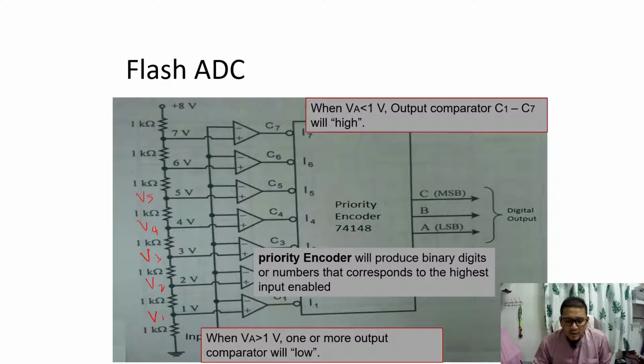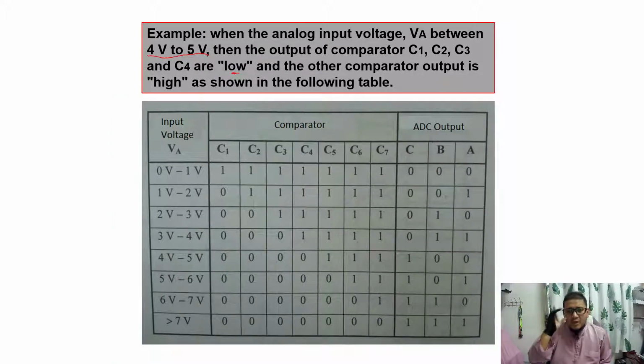So comparators C1, C2, C3, C4 show low, and the other comparator outputs are high, because VA is less than their voltage. So here, for 4 volts to 5 volts, C1, C2, C3, C4 become low and the other comparators become high. So this is the output of the flash ADC when VA is between 4 volts and 5 volts.